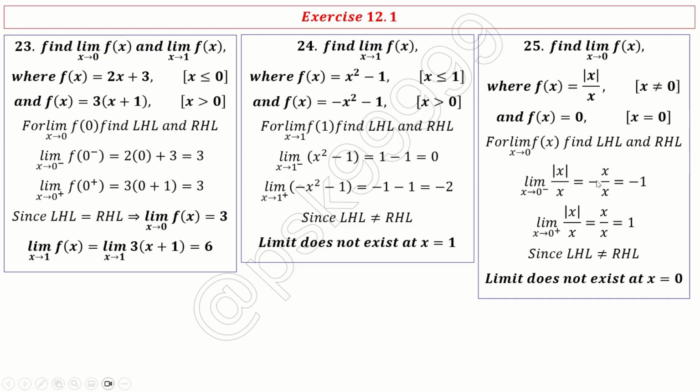Absolute x will become minus x by x, which is minus 1. Now limit x tends to 0 plus of absolute x by x, in this case x is positive, so absolute x is x by x, which is 1. So now my LHL is not equal to RHL, so the limit is not defined. Next.